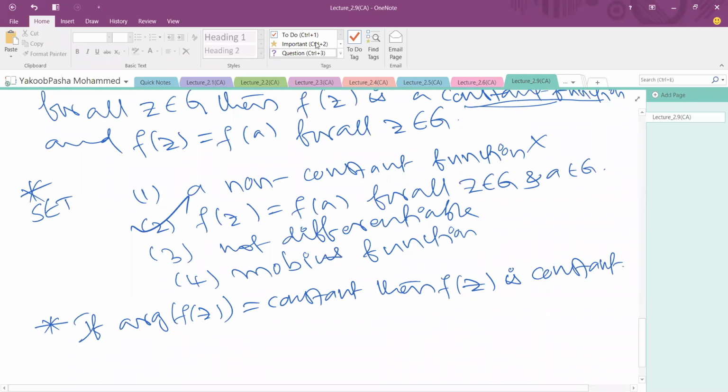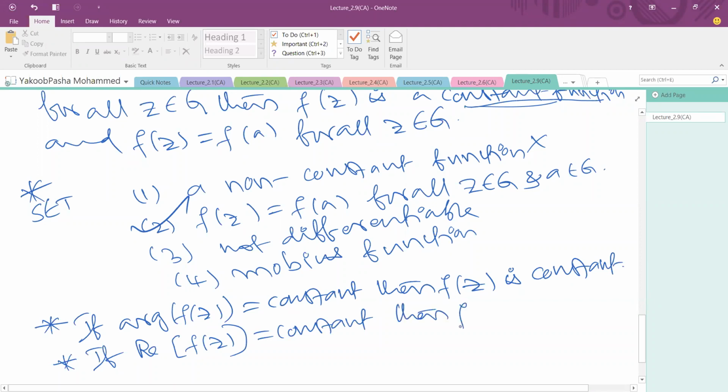Now, if the real part of f of z is equal to constant, whenever real part of f of z is constant, then f of z is also constant.